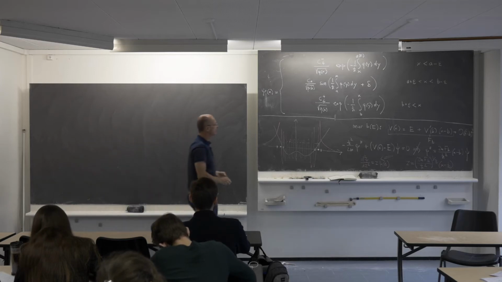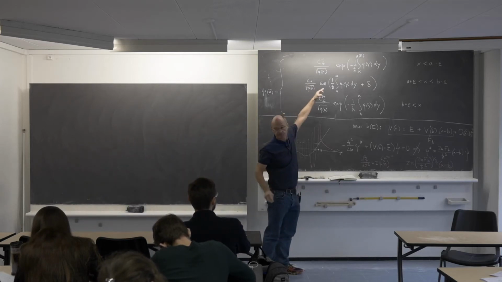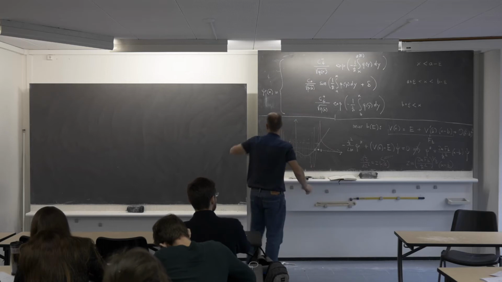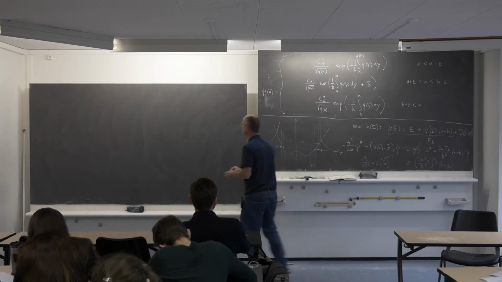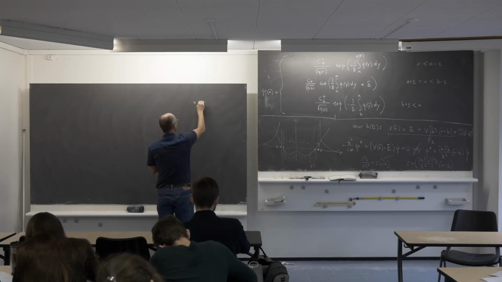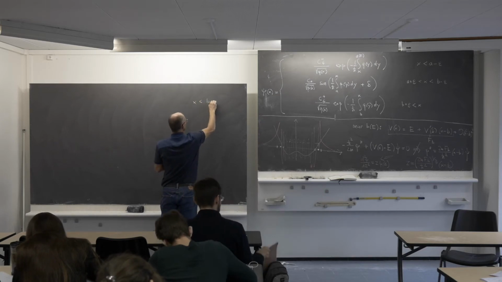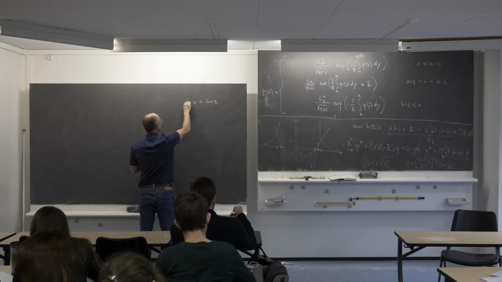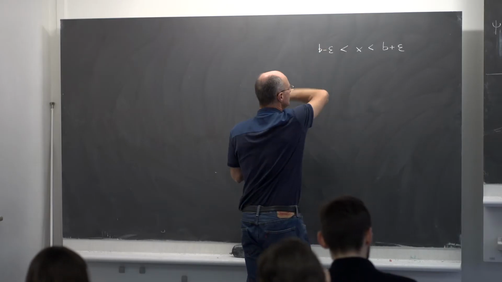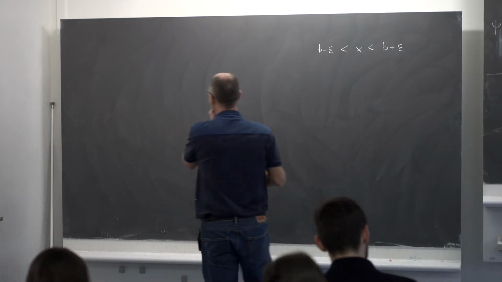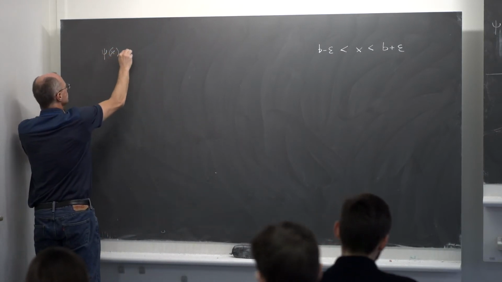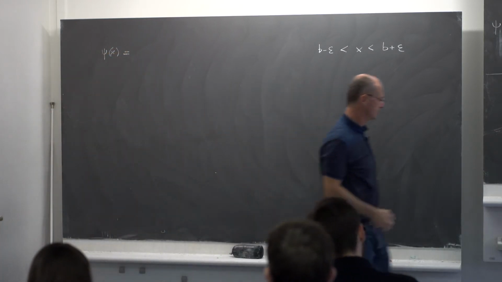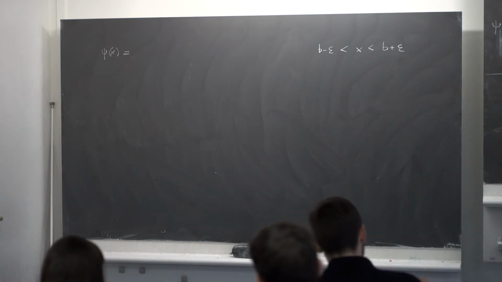Now we can try to fill in what happens between the regions. For instance, around the point b, for x smaller than b plus epsilon and greater than b minus epsilon, we can try to say psi of x. Well, what do we say?